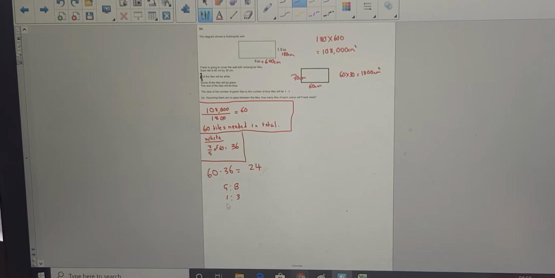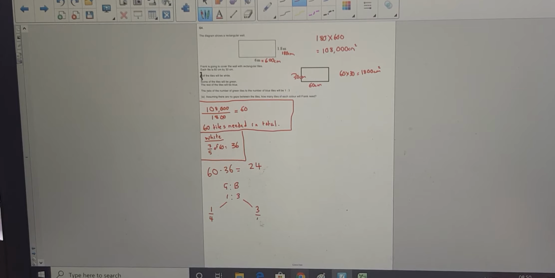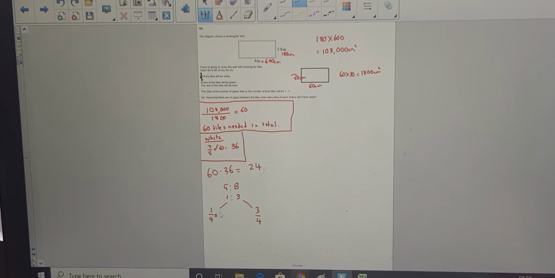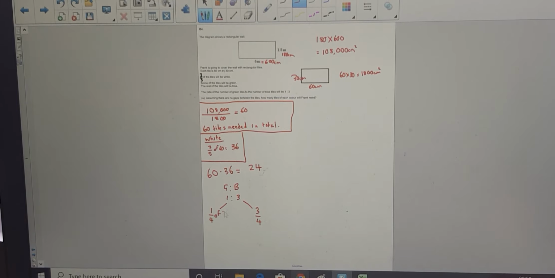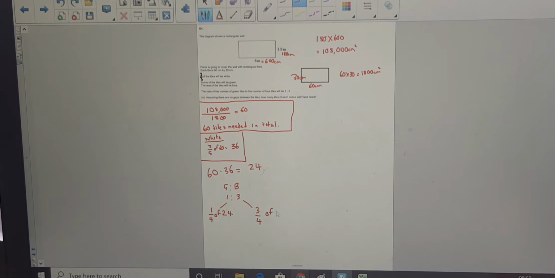So the proportion which is green is 1/4. The proportion which is blue is 3/4 of 24. A quarter of 24 is 6. 24 divided by 4 is 6 times 3 is 18.